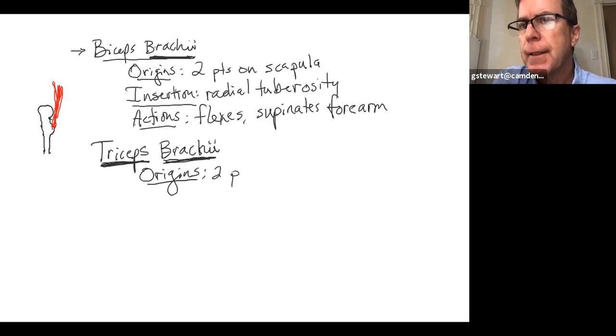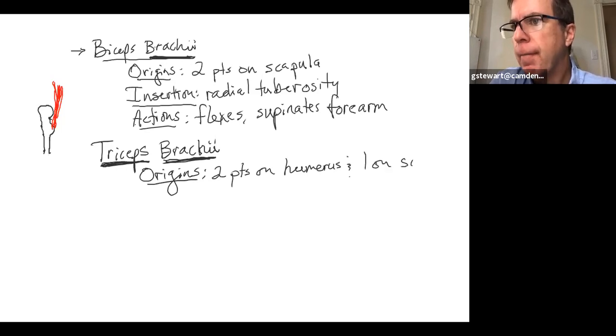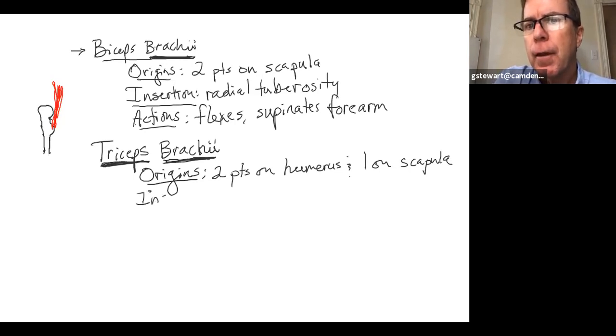And those origins are 2 points on the humerus and 1 point on the scapula. The insertion is what you and I call the elbow, but we need to be scientific here. So the insertion is really the olecranon.